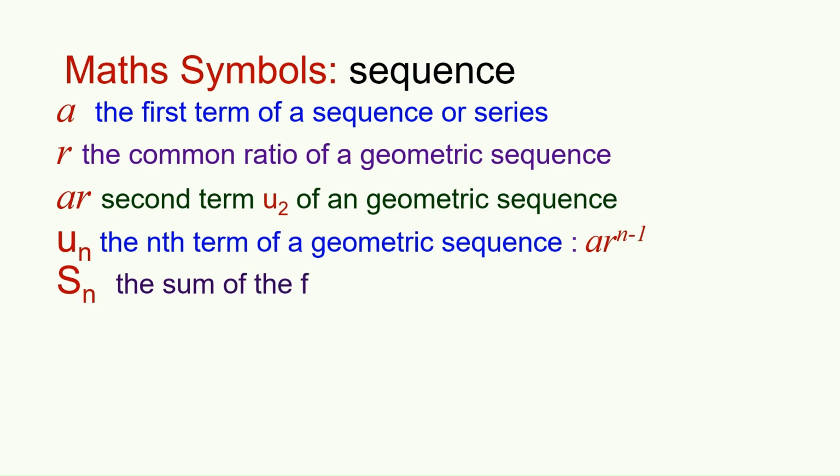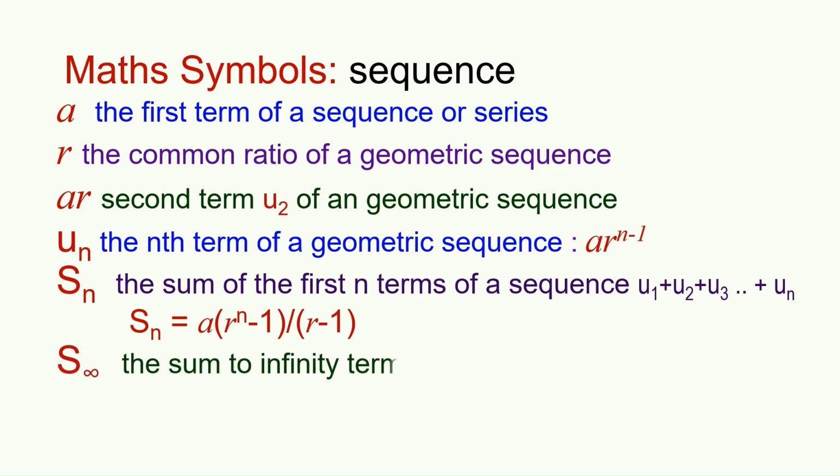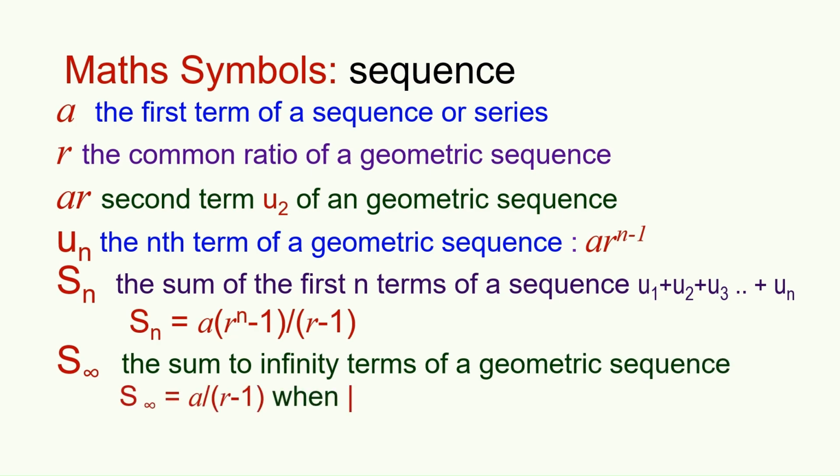S_n: the sum of the first n terms, u1 plus u2 plus u3 plus up to u_n, S_n equals a times r to the power of n minus 1 divided by r minus 1. S infinity: the sum to infinity of a geometric sequence, S infinity equals a divided by 1 minus r when the modulus of r is less than 1.